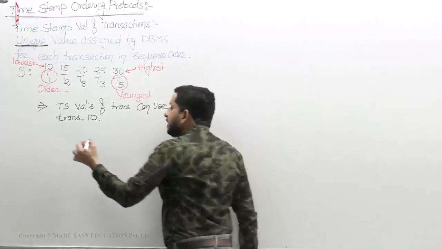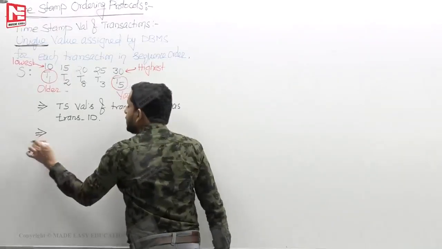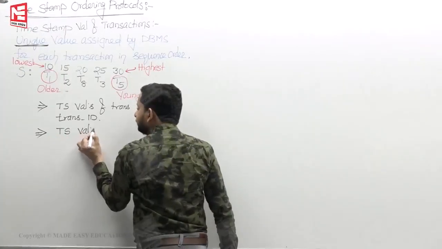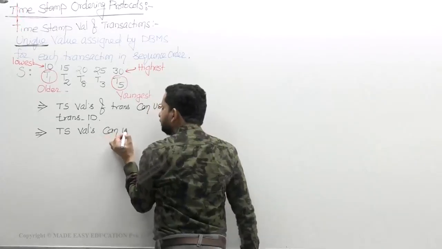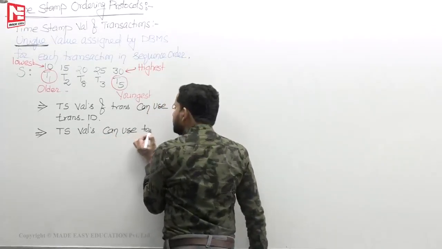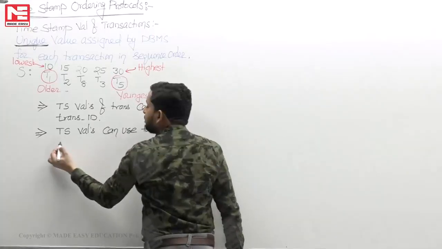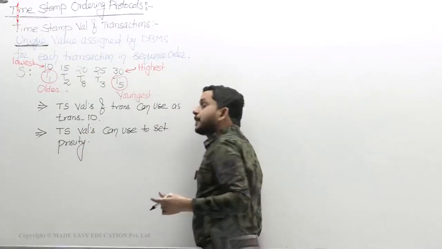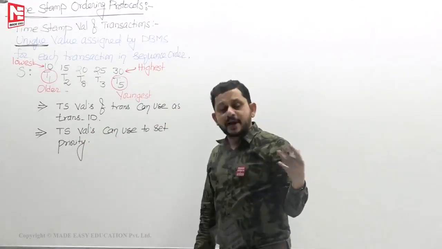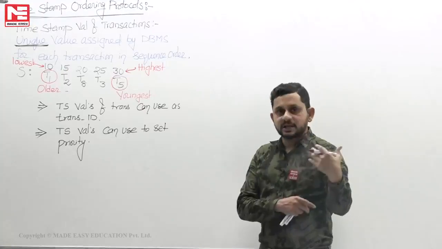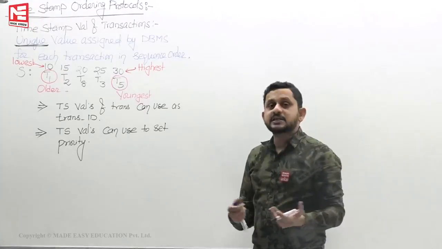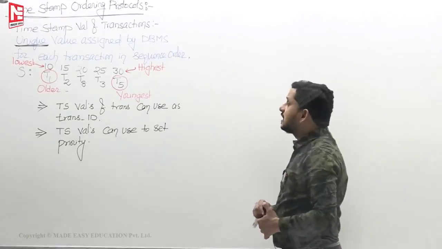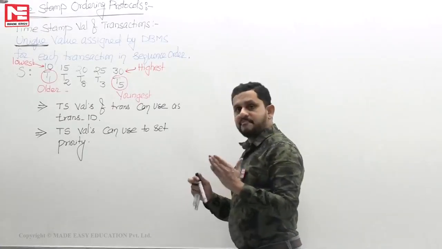Second, the timestamp value can be used to set priority between transactions. Assume you want to give high priority to the older transaction or to the younger transaction, depending on your protocol condition. You can set the priority by using the timestamp values. So this is the meaning of timestamp value.